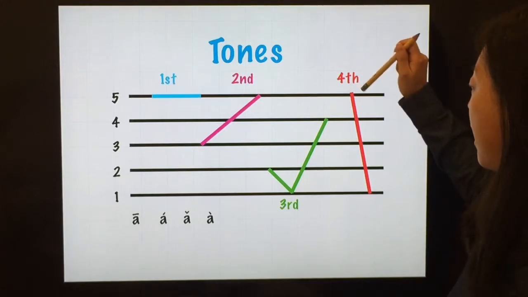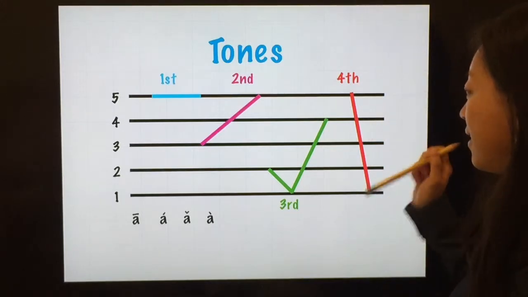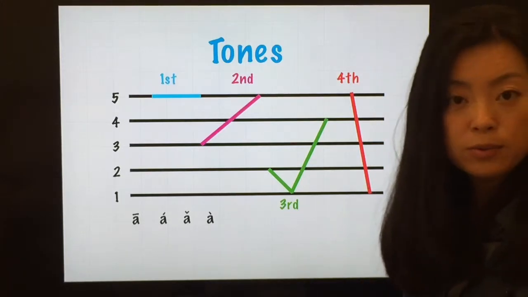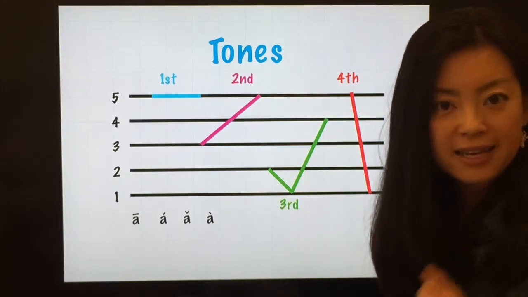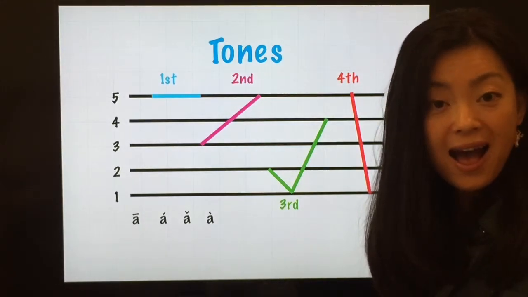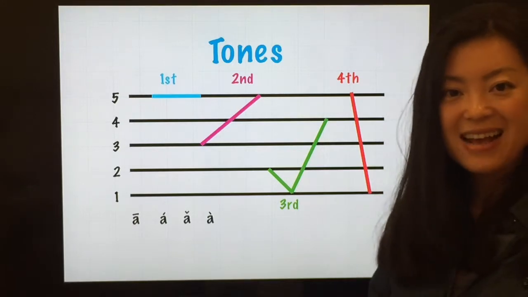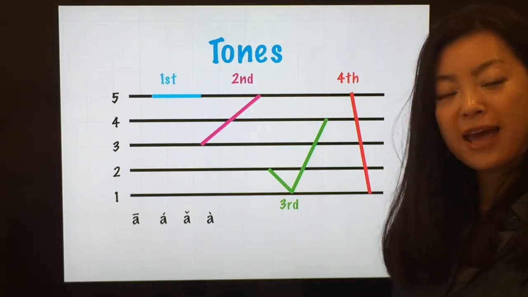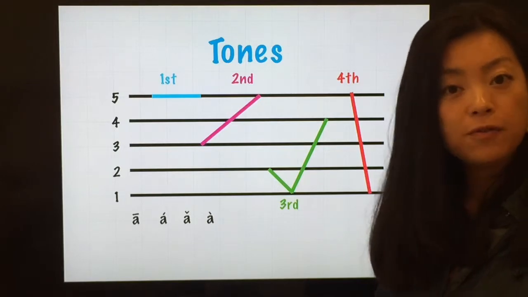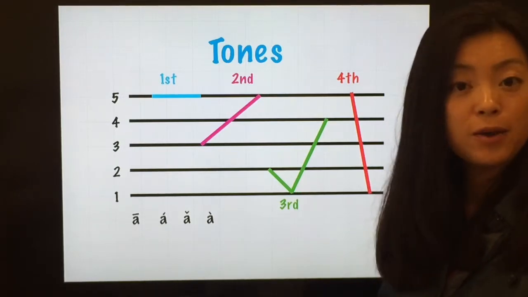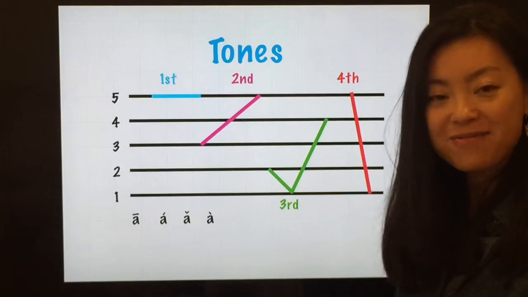Fourth. So this song will sound like this. We're gonna practice the tones in every lesson, and if you follow me, one day you will get it. It won't be very far.